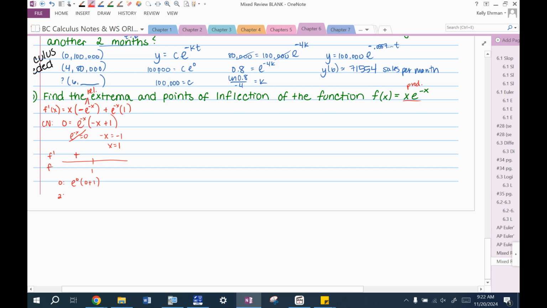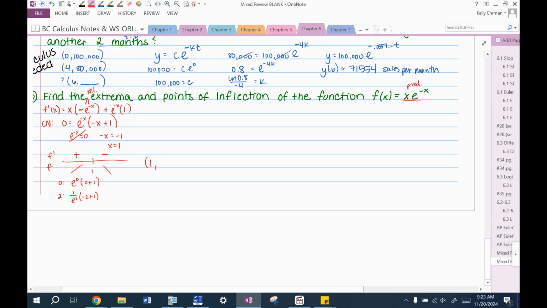And then maybe plug in 2. e to the negative 2 is just 1 over e squared. And then when you plug in 2, you get negative 2 plus 1. So that's negative. So f changes from increasing to decreasing. That means that there's a relative max at x equals 1. So when I plug in 1, what do I get for f?